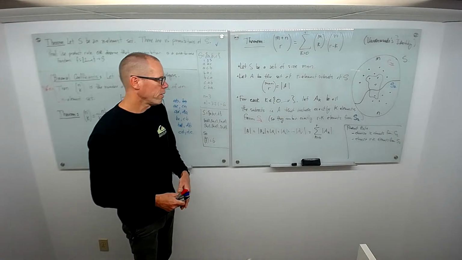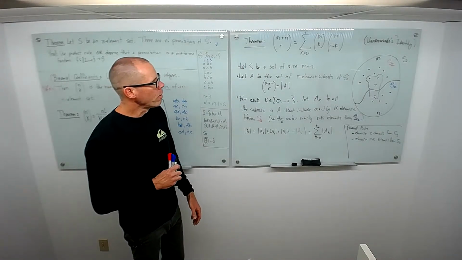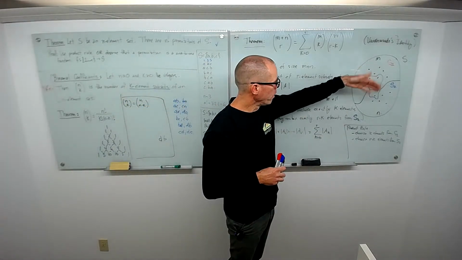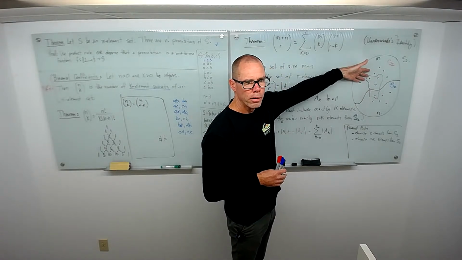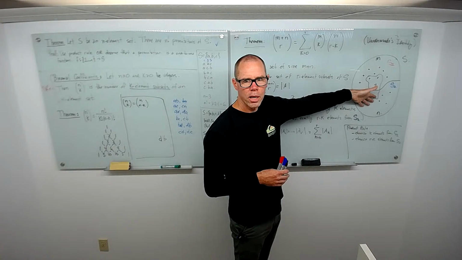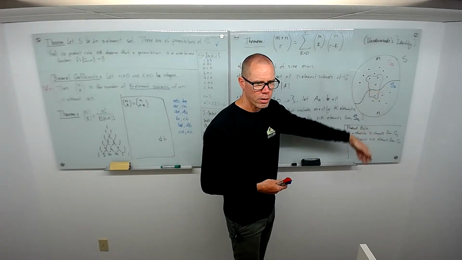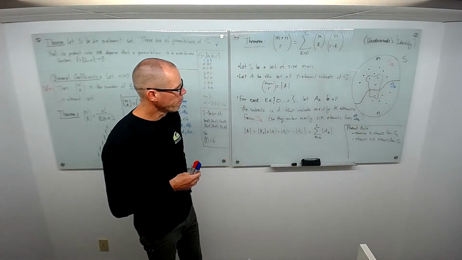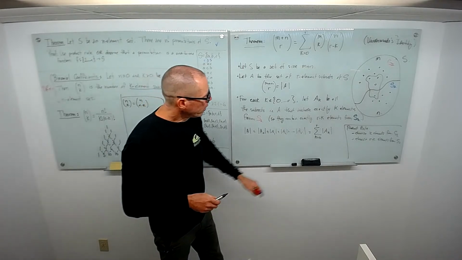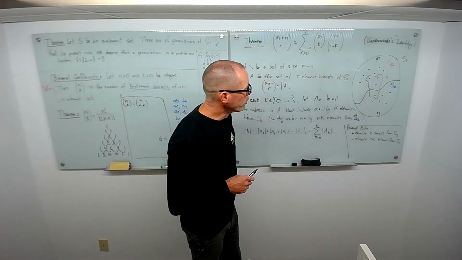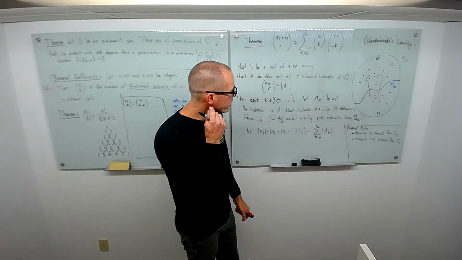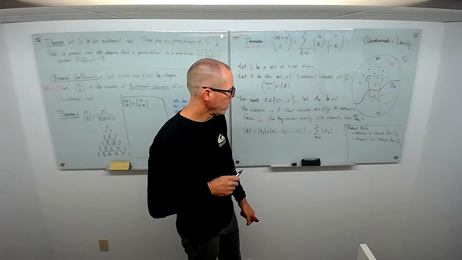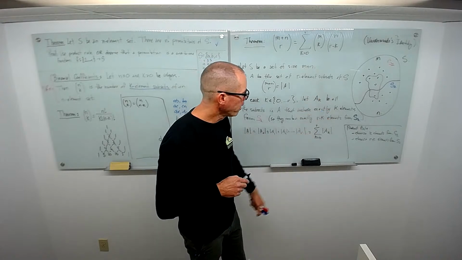If I want a set of size R that has K elements in S1, then I choose those K elements in S1, and then I choose the R minus K elements in S2 that fill it in to make it of size R. So the product rule tells us that we can use this procedure to determine the size of AK.